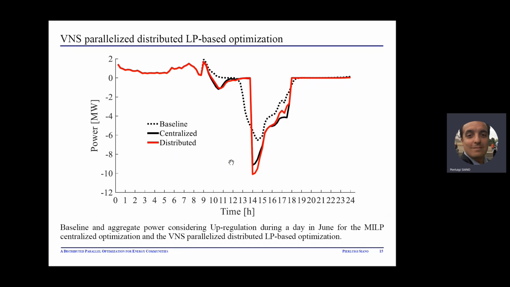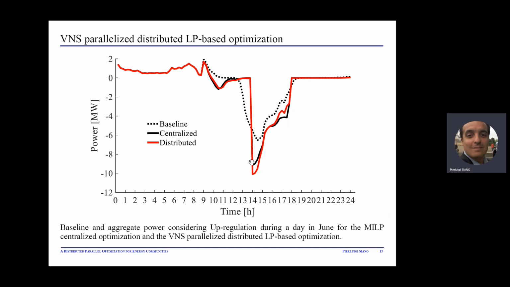of the absorbed power for the baseline, this dotted line, and in the case of up regulation in the month of June for both the centralized and distributed optimization.